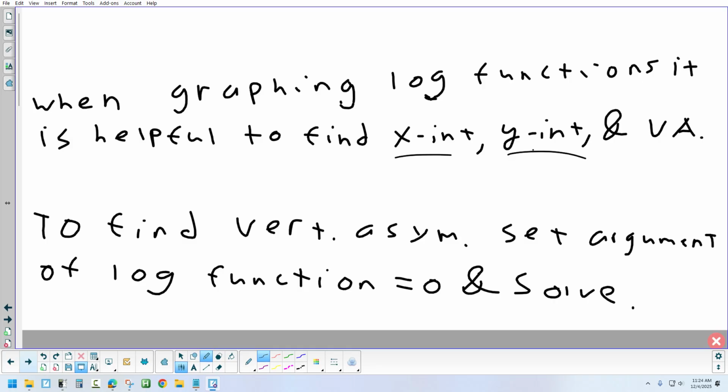Nothing on the outside of the parentheses matters when you are trying to find the vertical asymptote. Think about a vertical line. It goes up and down forever. If you shifted it up or down, it would still go up and down. So we don't have to worry about anything on the outside of the argument. Just set the argument equal to 0 and solve.